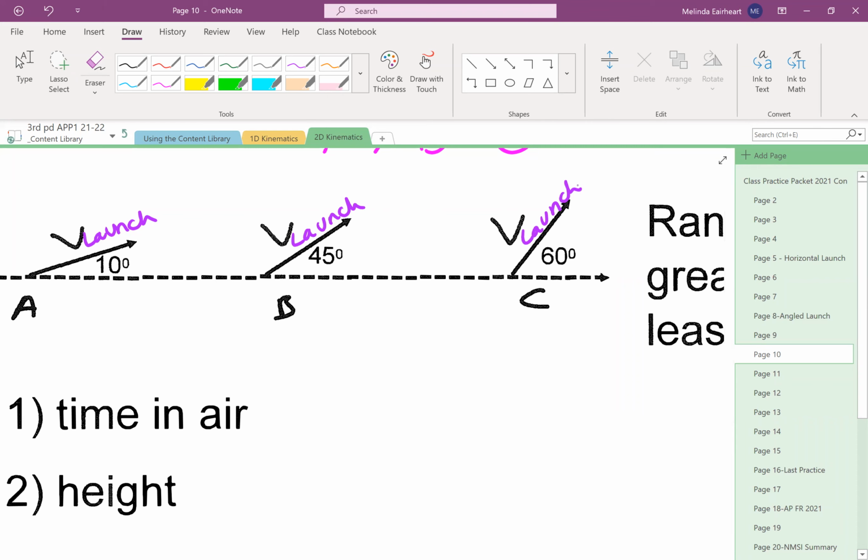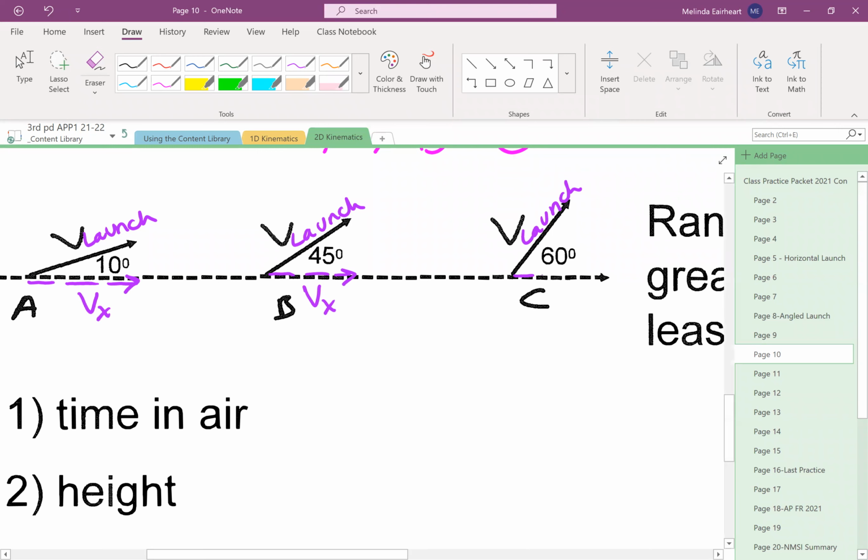And so here's the new part. Instead of ending with trig, we're going to start with trig. Each one of these launch speeds has a different angle. So let's do a little geometry lesson. 10 degrees is closer to the x-axis, yes? So it's going to have the largest Vx. 45 degrees still has some horizontal, but it's not going to be as much as what 10 degrees yields.